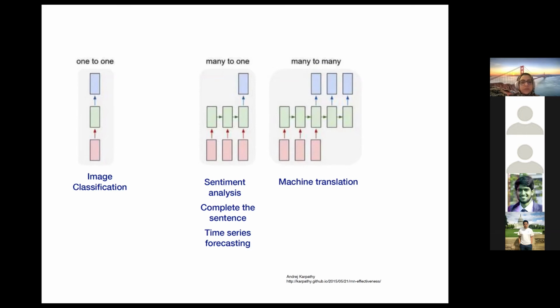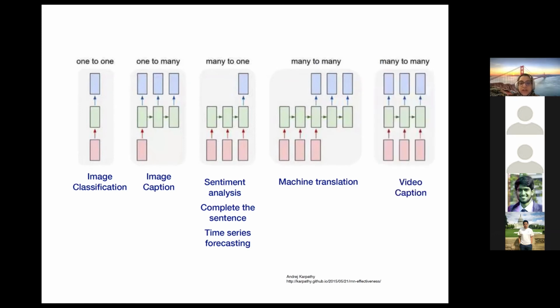Are there other possibilities? Well, we can have one-to-many, where we have an image and we want to have a caption. Usually you would deal with this by passing the image through a convolution network to get a feature representation of the image, and then you pass it through an RNN and predict the sequence.